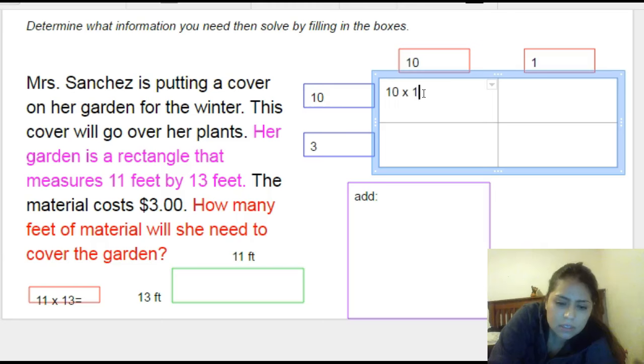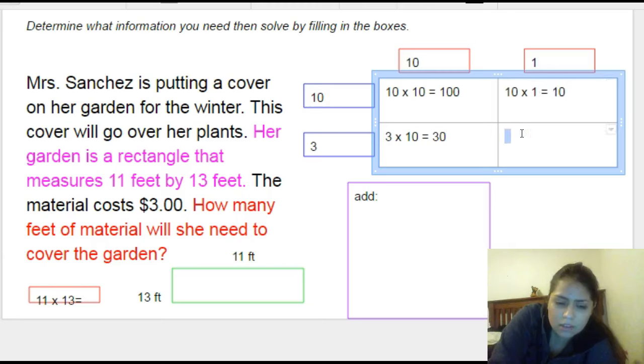10 times 10 equals 1 and 2 zeros. 3 times 10 equals 3 and the 0. Oops, too many spaces. Then I've got 10 times 1. That equals 1, and add the 0.